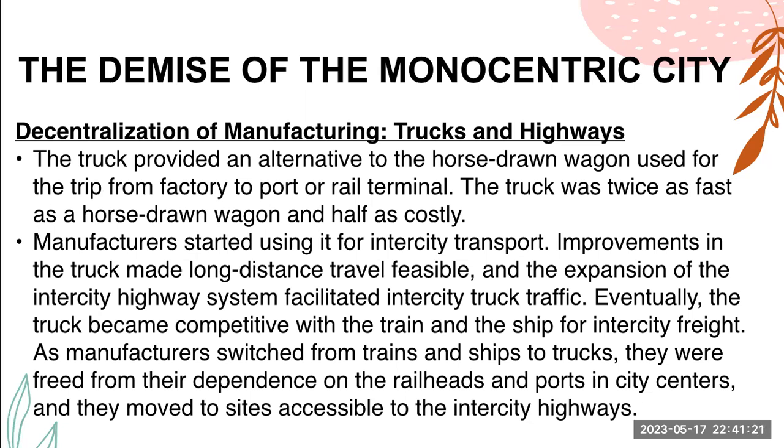As manufacturers switched from trains and ships to trucks, they were freed from their dependence on the railroads and ports in city centers, and they moved to sites which are accessible to intercity highways. So in modern cities, manufacturers can locate close to highways and beltways to get easy access to the interstate system.